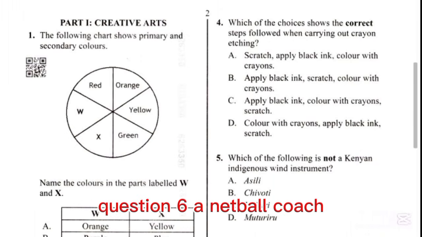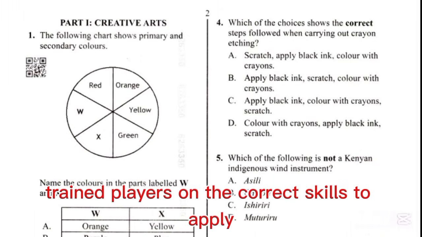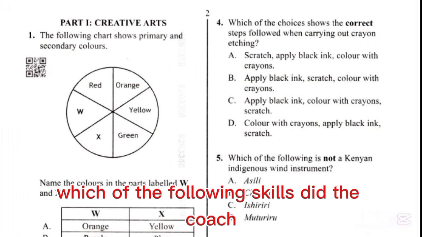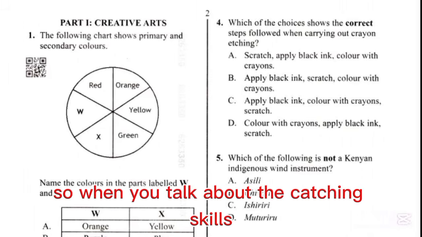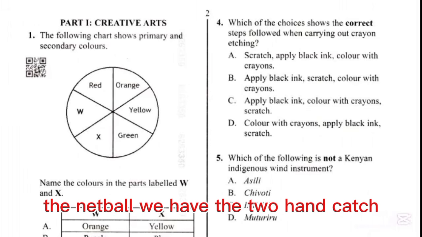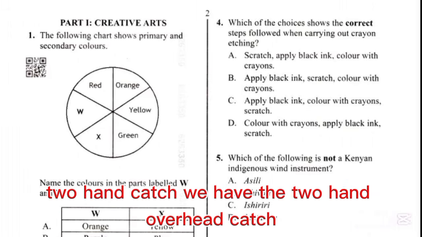Question 6. A netball coach trained players on the correct skills to apply when catching the ball. Which of the following skills did the coach emphasize? When we talk about the catching skills, that is in grade 4 under netball, we have the two-hand catch, we have the two-hand overhead catch.